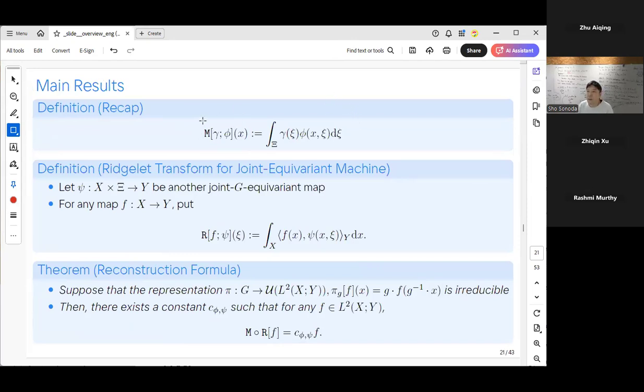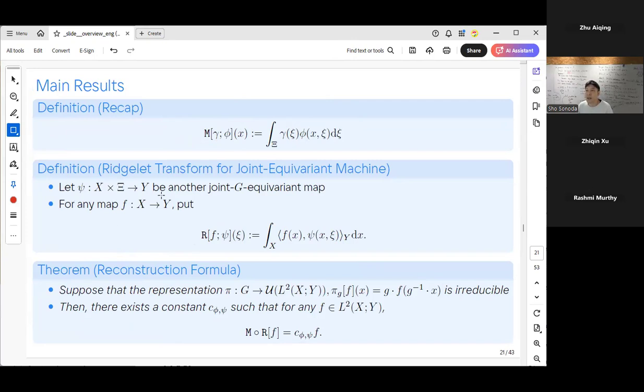The first column corresponds to the recap. This is the definition of a joint equivariant machine. And we want to find the inverse transform for this gamma, right? This is the Ridgelet transform.